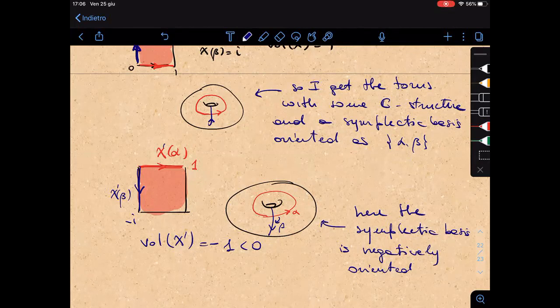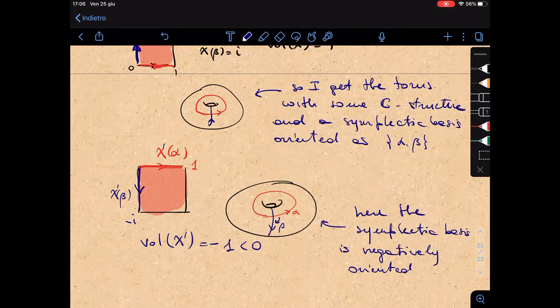you can still glue opposite sides whenever you have a negative volume, and you get a complex structure, but this complex structure is not the usual one.